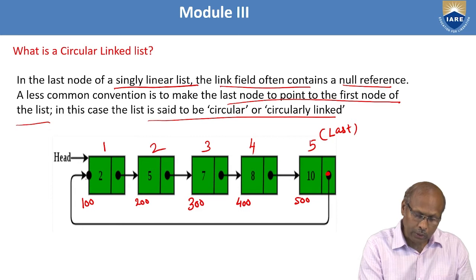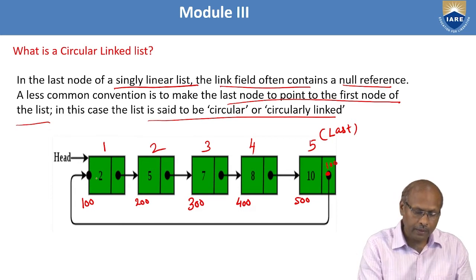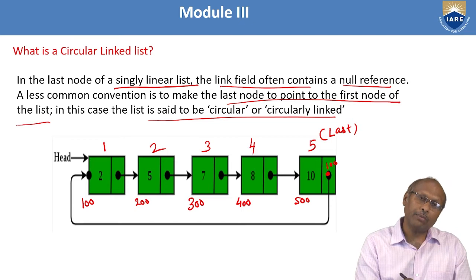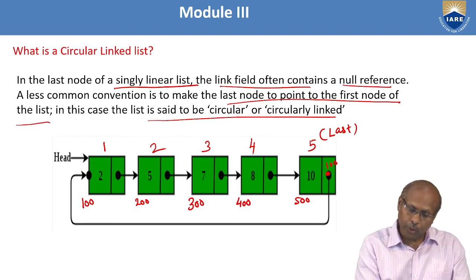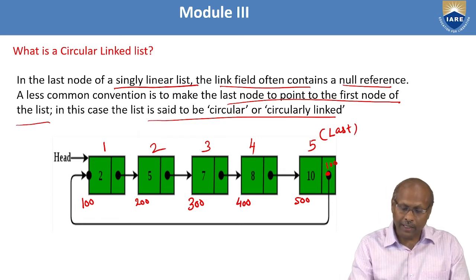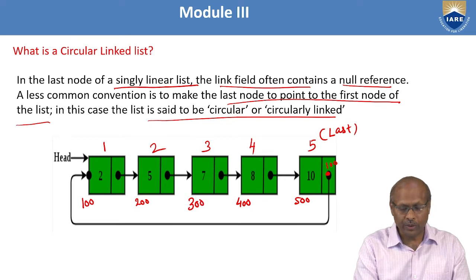So, this will be pointing to the first node. First node means how much? 100. So, that means it's pointing to the first node. So, this is the way the circular linked list is represented. Remember, in the case of normal list, you have to represent in the normal way, where this will be null. Whereas in the case of circular linked list, the last node's link will be pointing to the first node. So, the first node's address will be stored here.